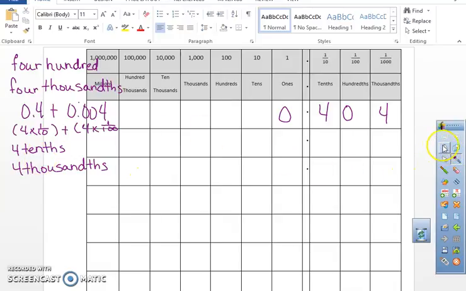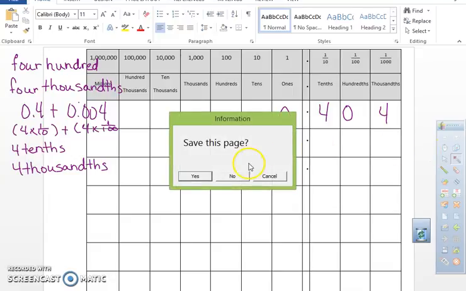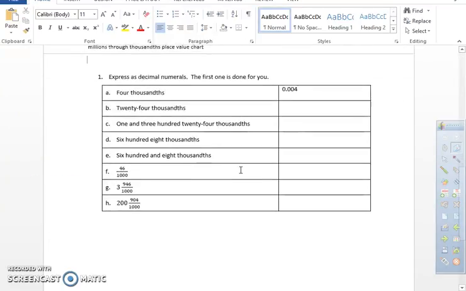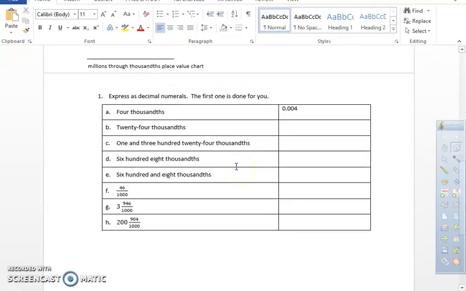Now I'm going to go ahead and get onto another page really quick. And I'm going to just show you today's homework. And you need to do A through H, and please write this on a separate sheet of paper so that I can see what you were able to do.